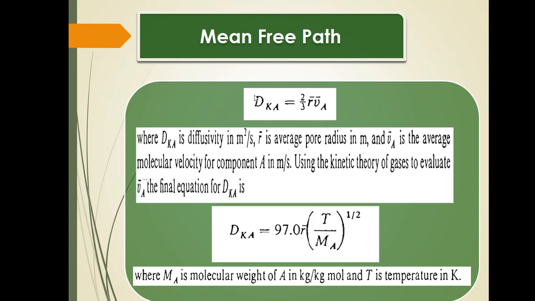Another alternative formula is in terms of the average pore radius still, but this time we take into account the temperature of the gas and its molecular weight, and this formula is based upon the kinetic theory of gases. But still, it is able to evaluate the diffusivity of the gas. All the variables that appear in the two formulas are defined on the lines below the formulas.